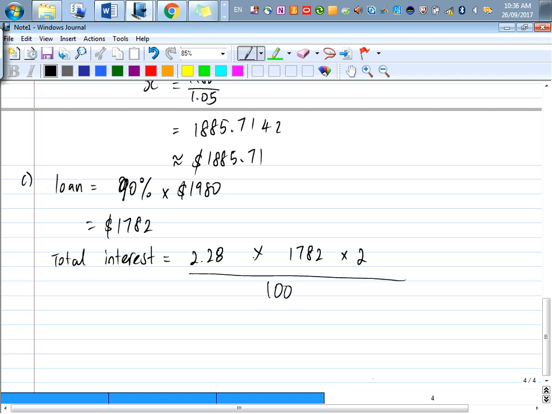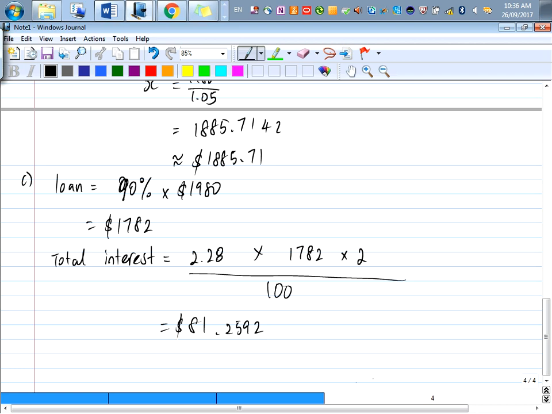They are equivalent because 2.28 divided by 100 is 2.28%. Can? So how much is the total interest? $81.2592. This is my intermediate step.